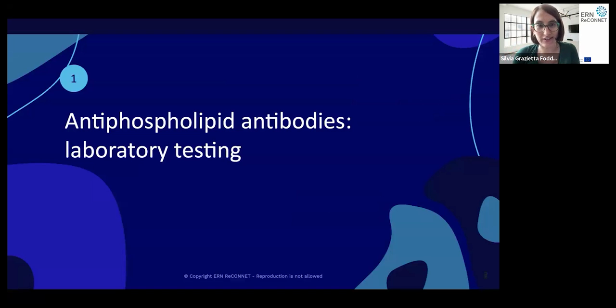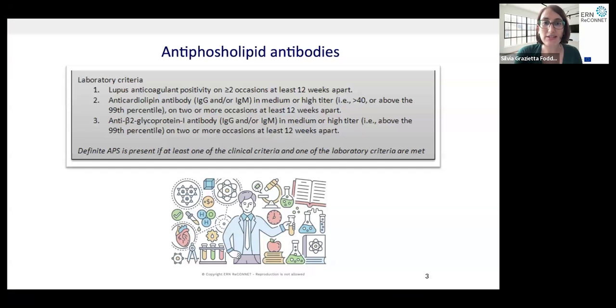So without further ado, APL antibodies, so antiphospholipid antibodies, are antibodies that are directed toward phospholipid binding proteins. They are characteristic of antiphospholipid syndrome. In fact, they are both a marker and a diagnostic catalyst of the syndrome.